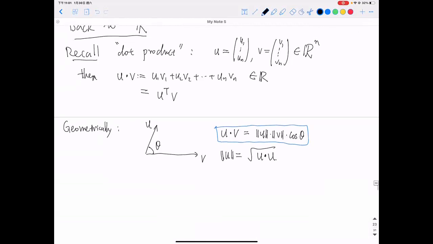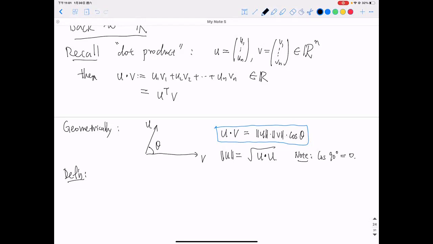In particular, it can tell us when the angle is 90 degrees, right? Just keep in mind that cosine of 90 degrees is 0.